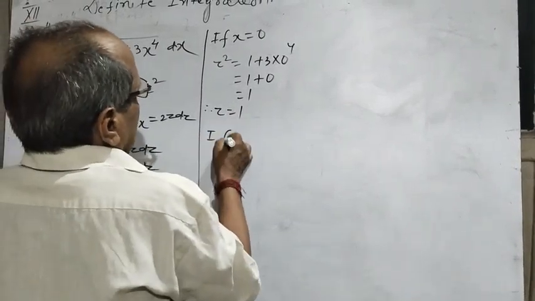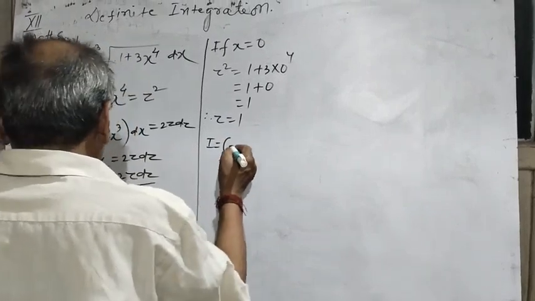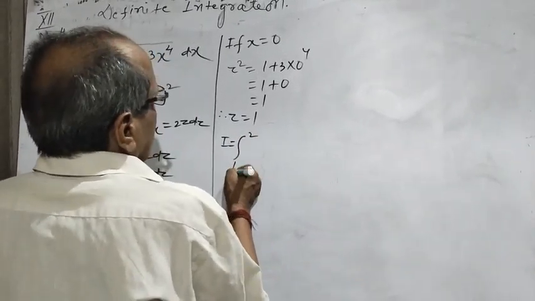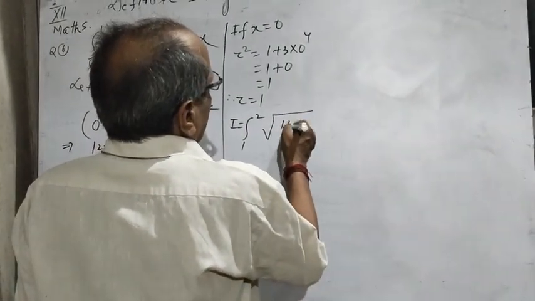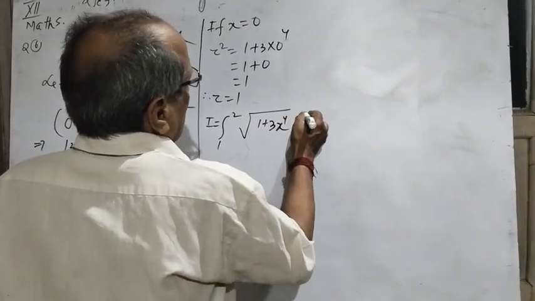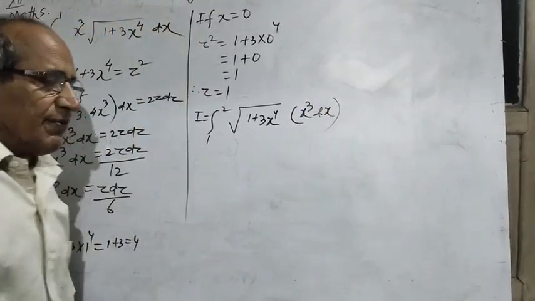Now, integration is equal to, now upper limit becomes here 2, lower limit becomes 1. And we write down square root of 1 plus 3x to the power 4 and x cube dx together.